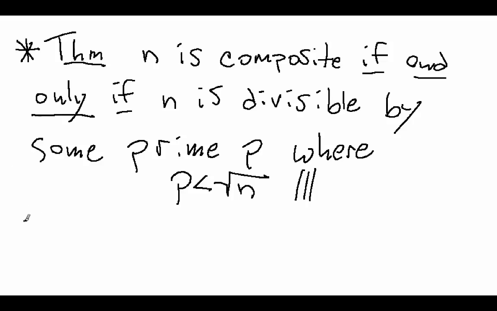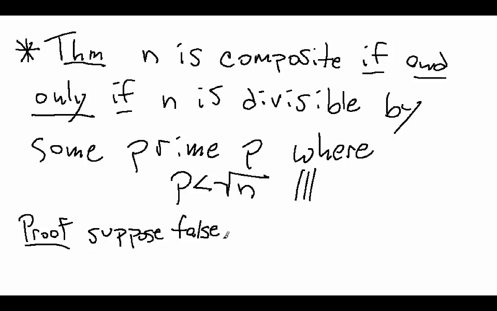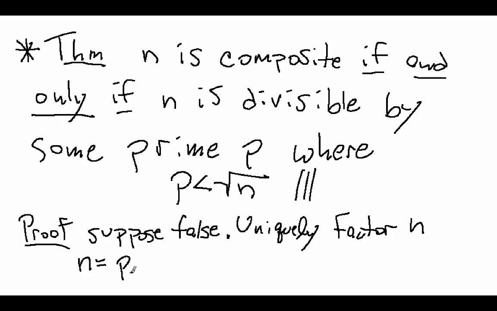And the proof of this is actually pretty simple. Suppose false. Okay, now we know we can uniquely factor n. In other words, let's come over here and say n is equal to some p1 to the alpha 1, p2 to the alpha 2, all the way up to some p sub k to the alpha k.